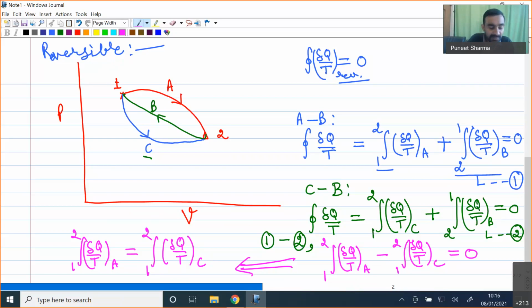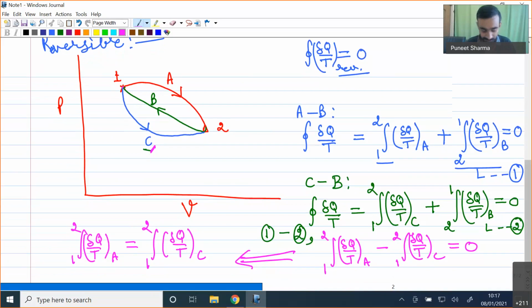So you can clearly see in this particular PV diagram, state 1 and state 2 are the same points, and in one case the process is happening through path A, obviously following some path A, and then one more process is happening which can also change the thermodynamic state from state 1 to state 2, but it is following some different path C. One thing we can clearly see is that irrespective of the path, if our processes are reversible and thermodynamic states are specified, the integral of del Q by T for that particular process between the two thermodynamic states will be the same irrespective of the path.